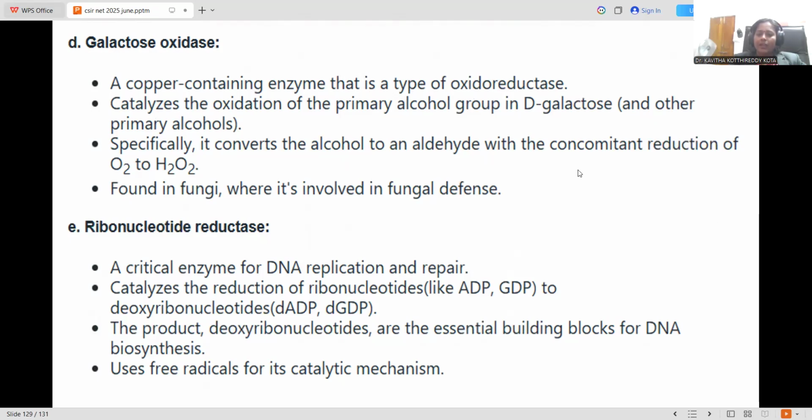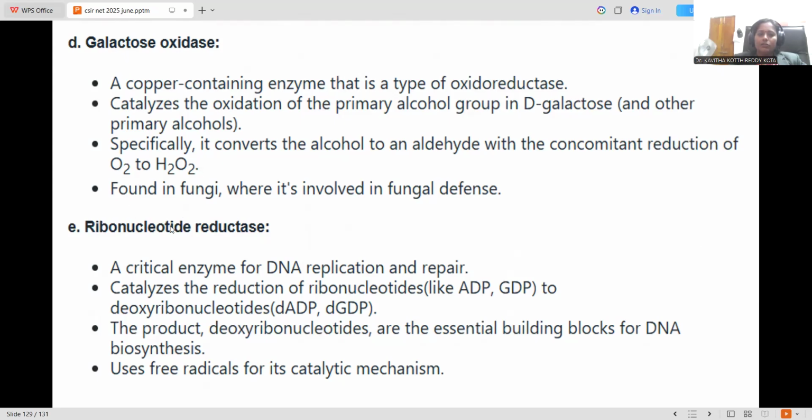Concomitant reduction of oxygen into hydrogen peroxide also takes place, right? So the process of oxidation and the process of reduction are both carried out by the same enzyme, called galactose oxidase. That's the reason it is called an oxidoreductase enzyme. Alcohol to aldehyde is oxidation. Oxygen to hydrogen peroxide is reduction.